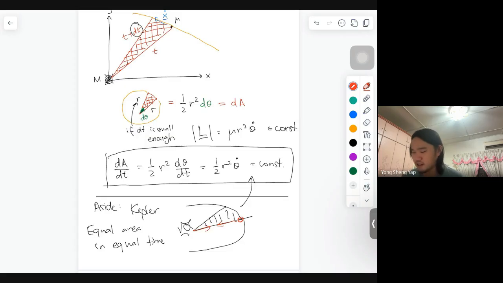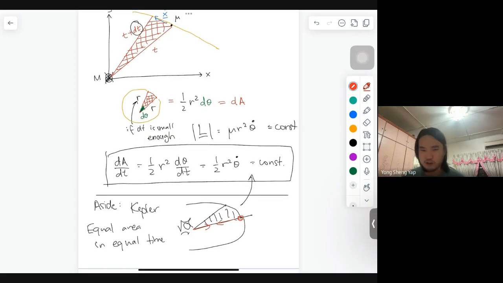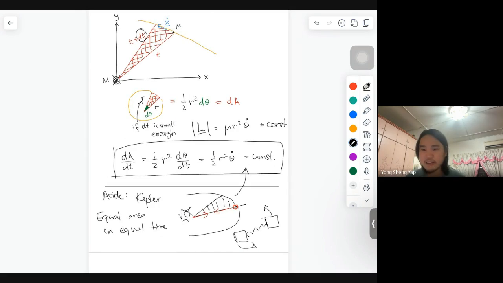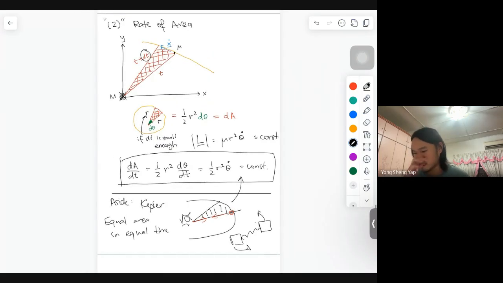It doesn't matter if it's a sun and a planet, or two black holes, or even two blocks connected by a spring that you give some velocity and they wobble around. All of them will sweep out equal areas in equal time. This is just a matter of the angular momentum being constant, and the two bodies just interacting with a mutual force. So this is the second thing. It's kind of cool.